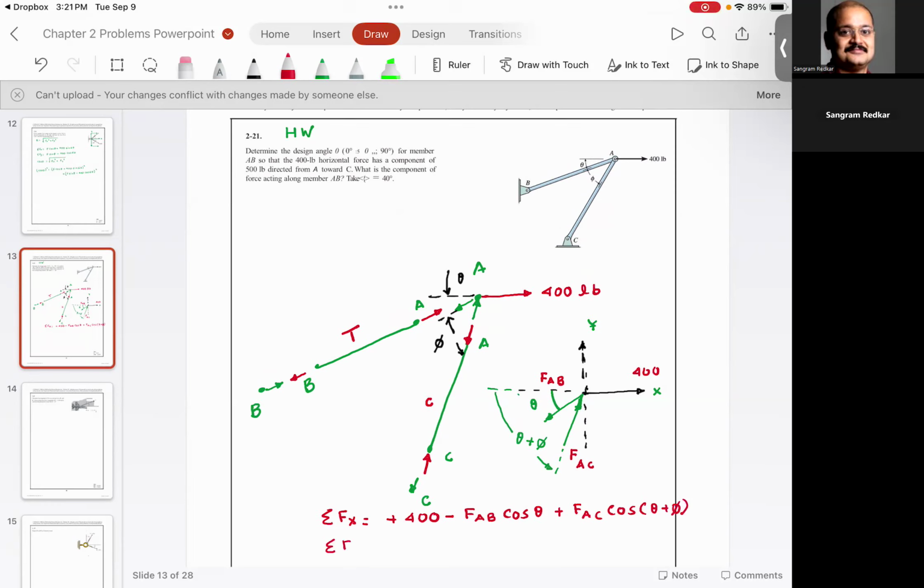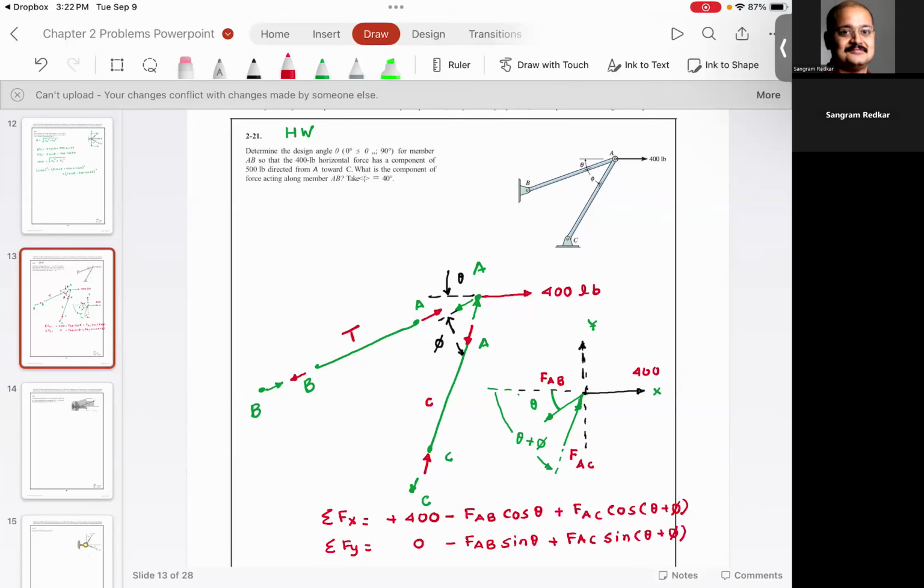The summation of forces in the y direction is going to be 0, equal to minus FAB sine theta plus FAC sine of theta plus phi.